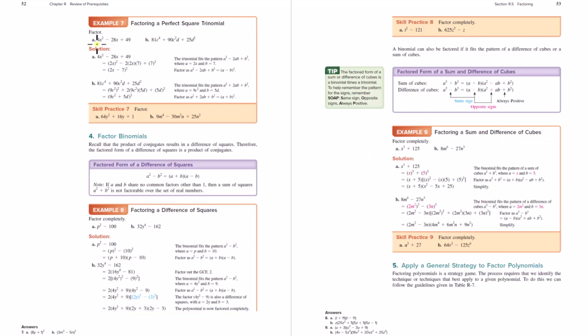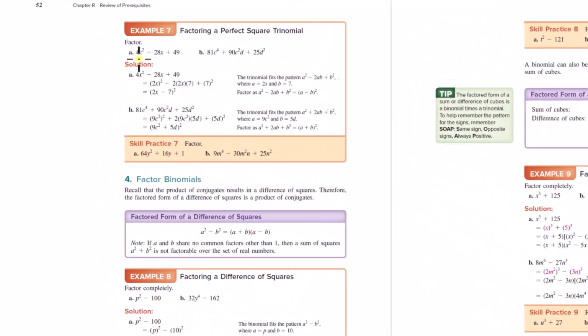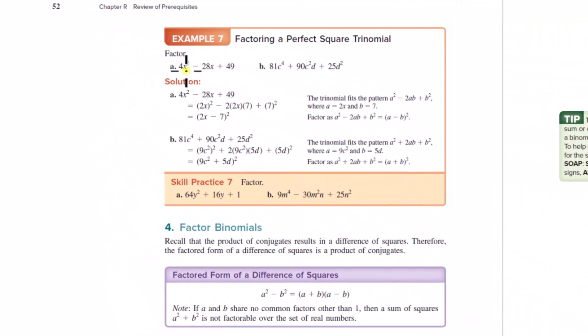So if we look at this expression, we see the leading term has a nice root. So we know that 2x squared gives 4x squared, okay? We know that 7 squared is 49, all right? So now just take this times 2, right?